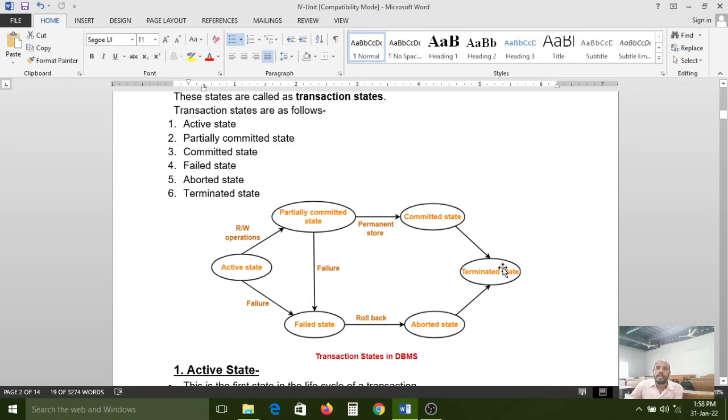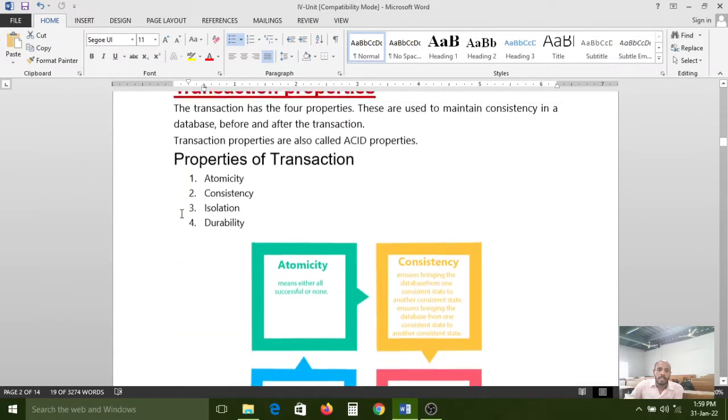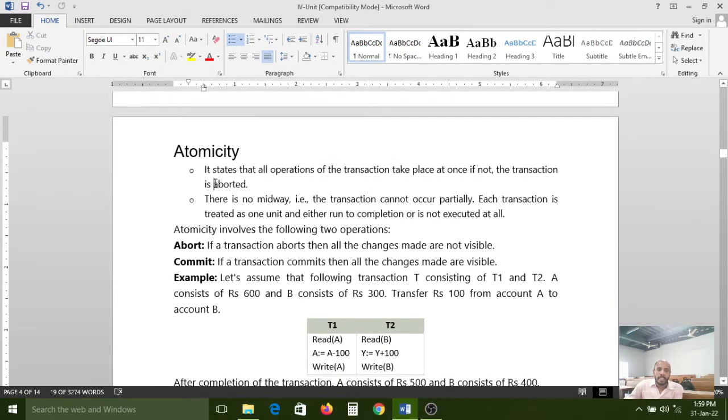Atomicity property observes from the starting to the ending point whether the transaction completes successfully. That is the meaning of the atomicity property. It states that all operations of the transaction take place at once. If not, the transaction is aborted.